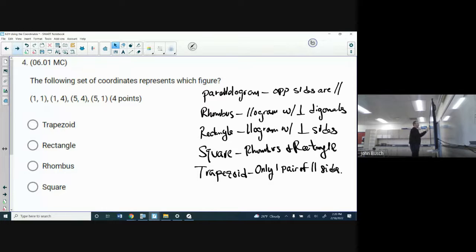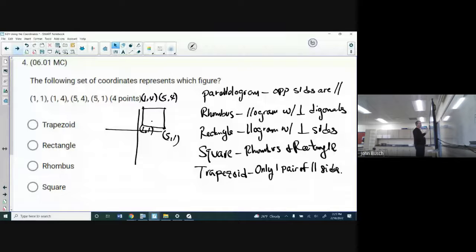I'm just going to really quickly plot the points. 1, 1, 1, 4. 5, 4. 5, 1. Oh, well, this will be quick and easy. This side is 4 because it goes from 1 to 5.